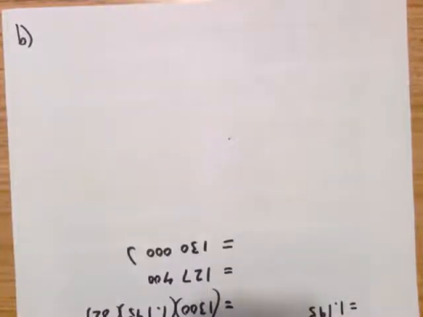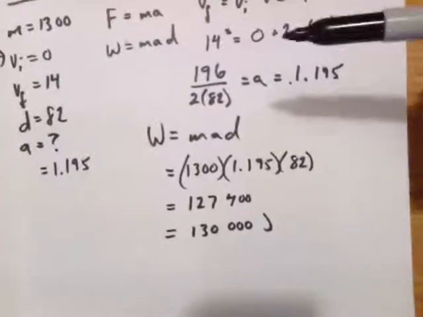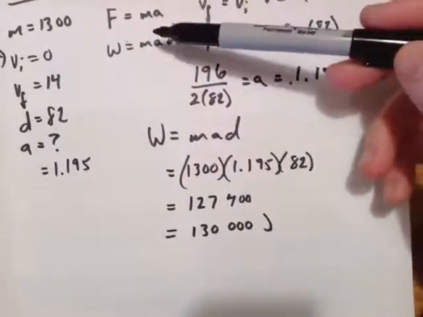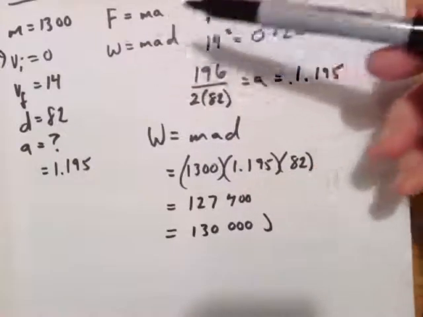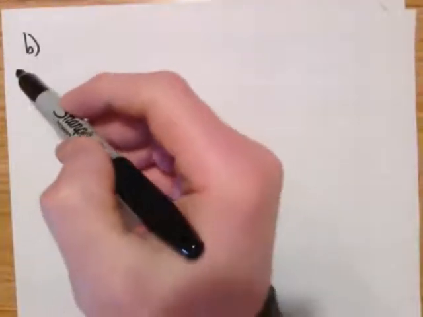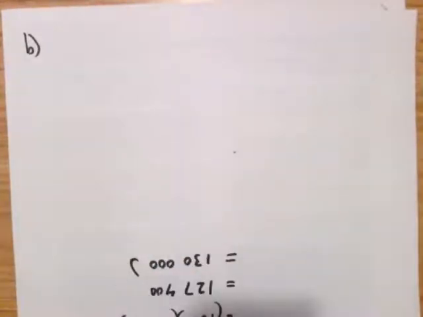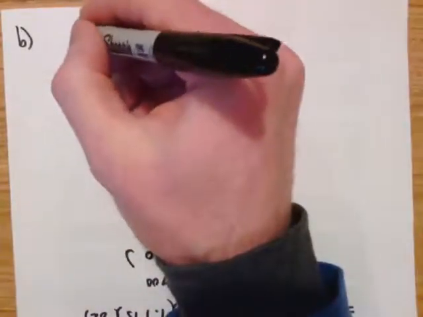Sorry, we did that over here. I did this question in a weird way, sorry. I solved for acceleration so I could get the net work. You know what it wanted me to do. So B is just, we have the acceleration. We already did that. But I'm going to show you what I maybe should have done.